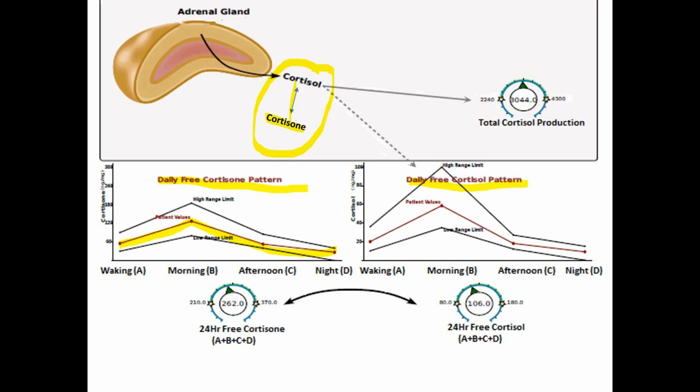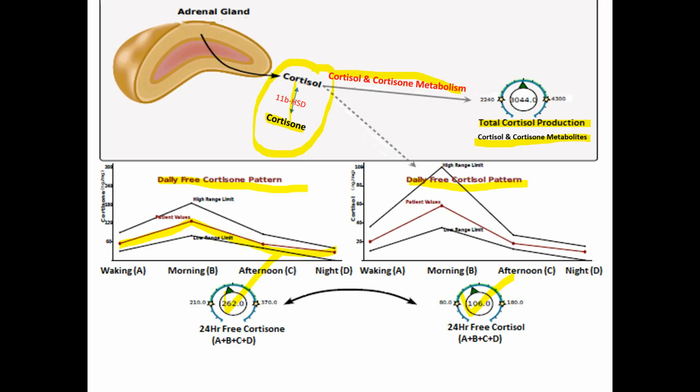And again, those totals are the totals for free cortisol and free cortisone, both of which are metabolized to become cortisol and cortisone metabolites. So when we say metabolized cortisol, which is our marker for overall production, it's the addition of all of those metabolites, not cortisol and cortisone themselves.